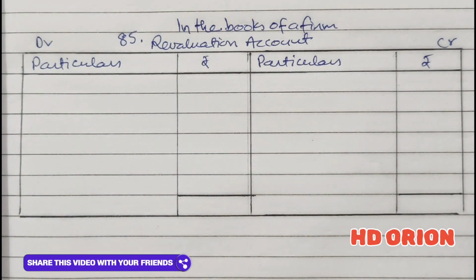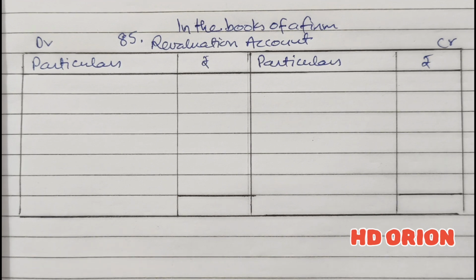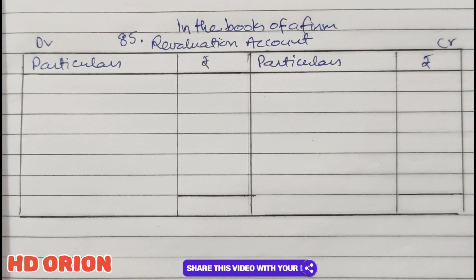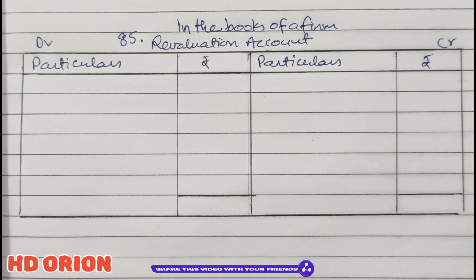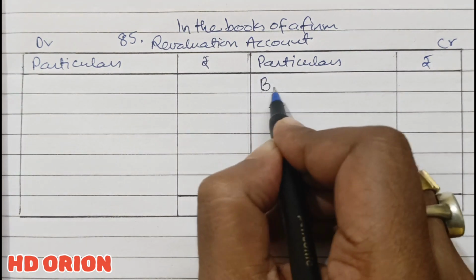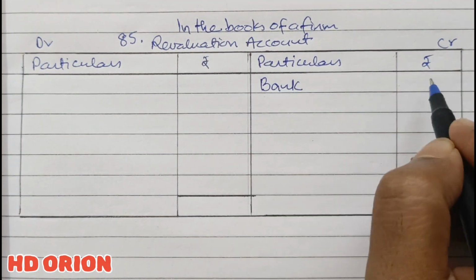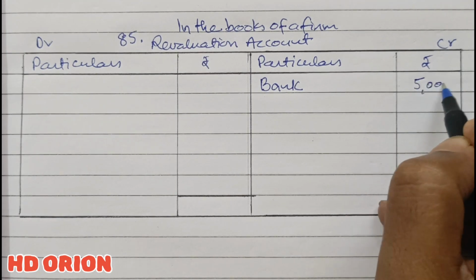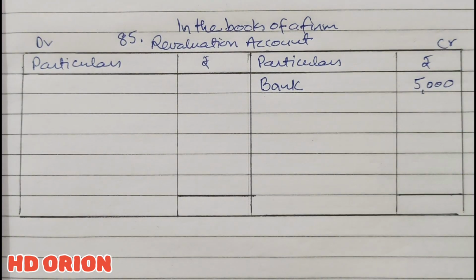Solution 85. In this, there is a bad debts recovered of rupees 5,000. One of the debtors which was written off as bad is recovered now. So bank will increase by rupees 5,000. Money will increase in the asset.